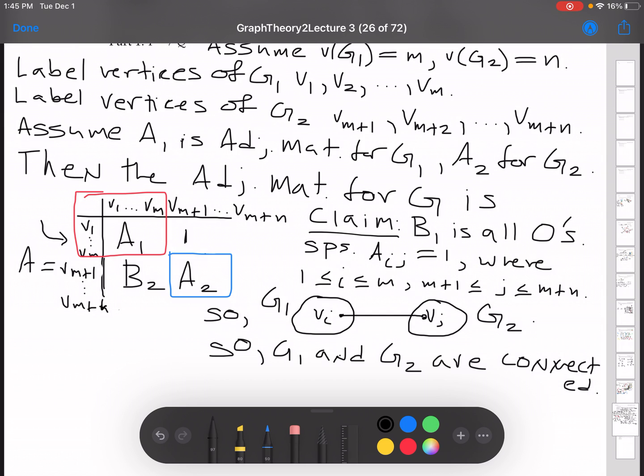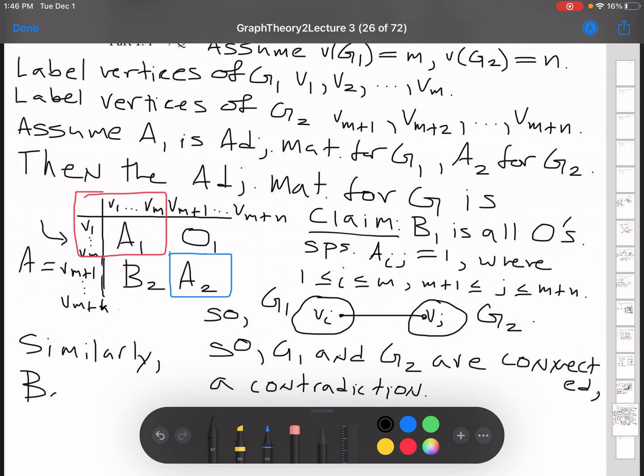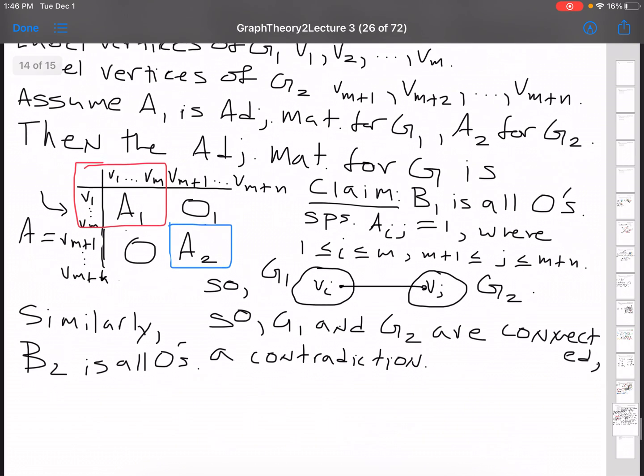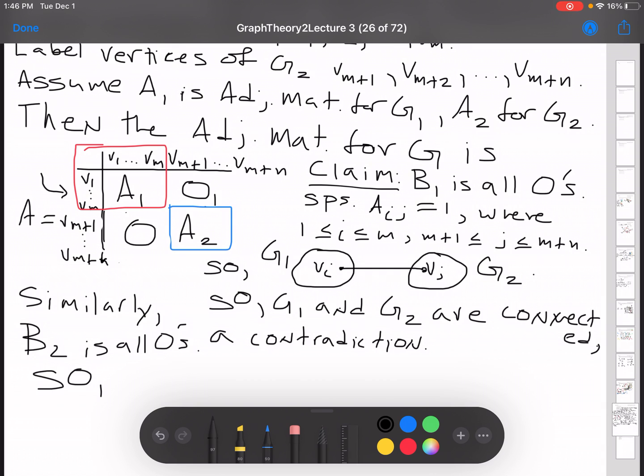This is a contradiction, because we assumed that G1 and G2 were disconnected. And so that means that these are all zeros there. Similarly, B2 is all zeros. A very similar argument can be used to show that B2 is all zeros. So the adjacency matrix A is block diagonal.